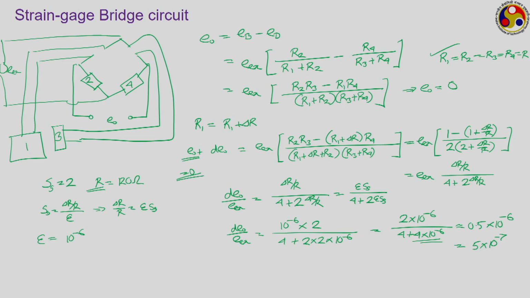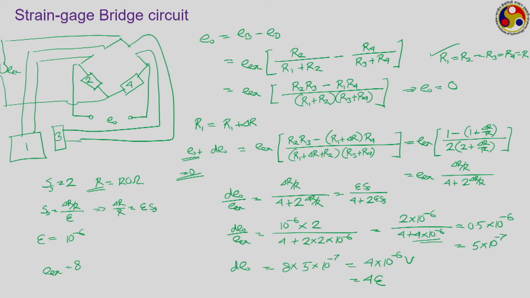So, whenever there is a small change in R, if we take the same value E x equal to 8, then your d E naught will be equal to 8 into 5 into 10 to the power minus 7, that is 4 into 10 to the power minus 6 volt, that is 4 into epsilon, whatever the magnitude of epsilon.